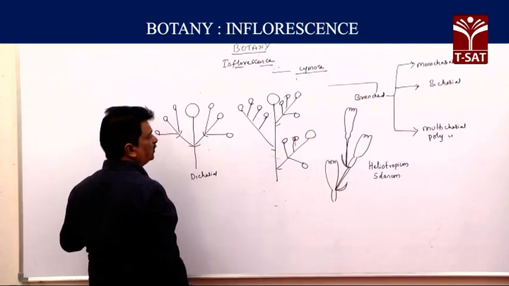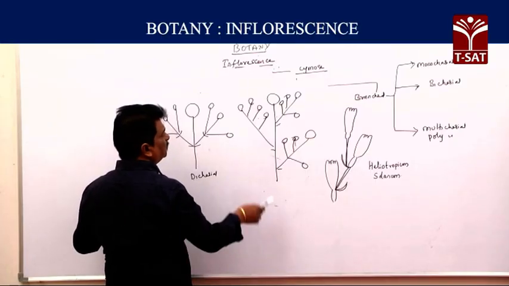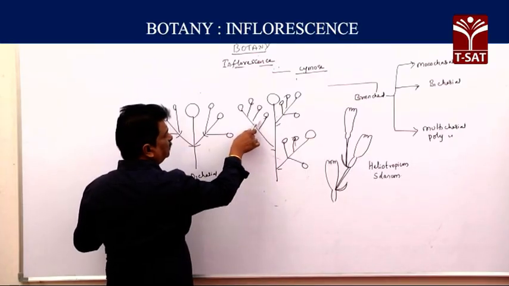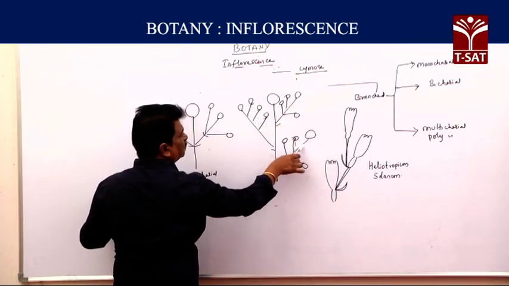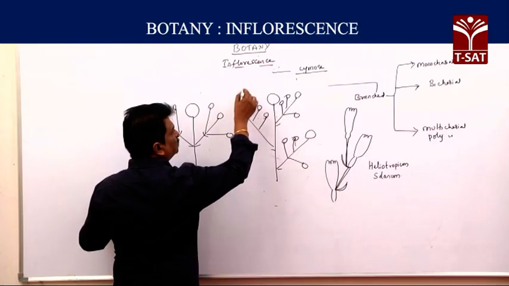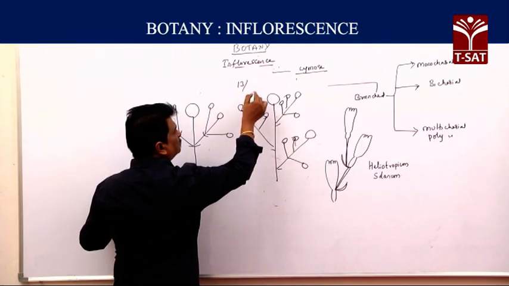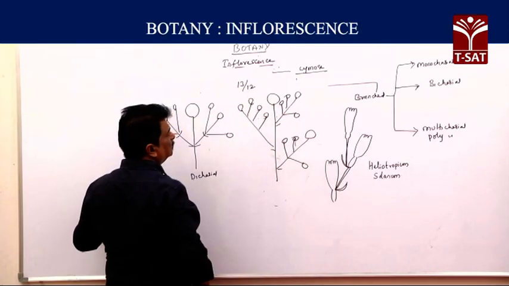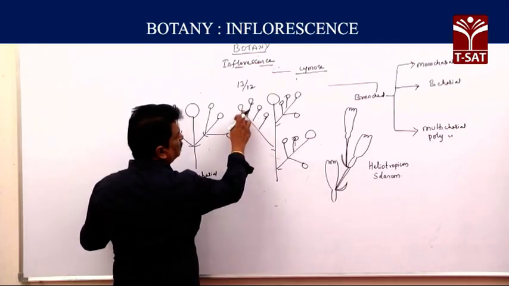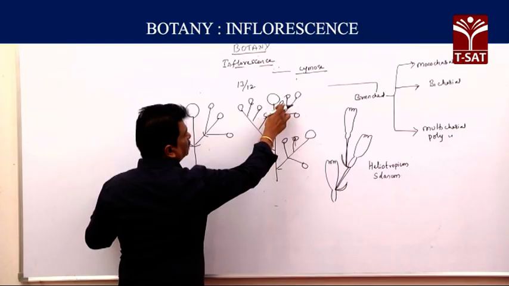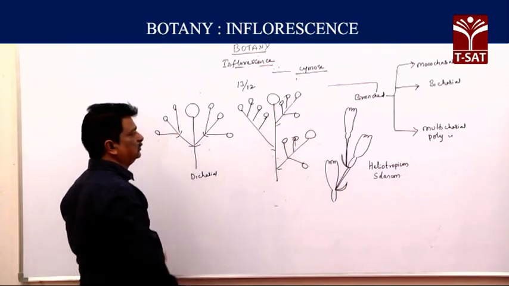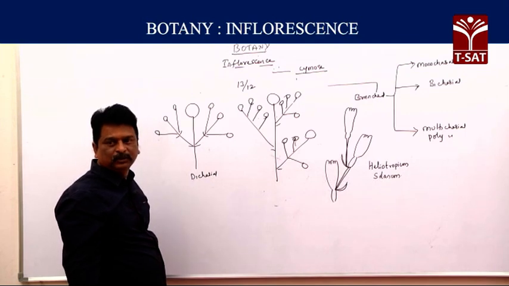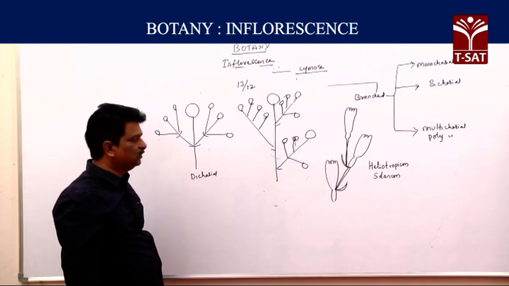After second generation, how many flowers? 4, 4, 8; 8 plus 4 is 12, 13. So second generation has 13 flowers and 12 branches. On that we can do problems also.